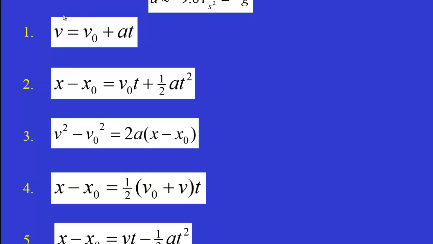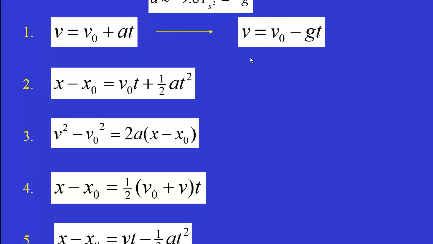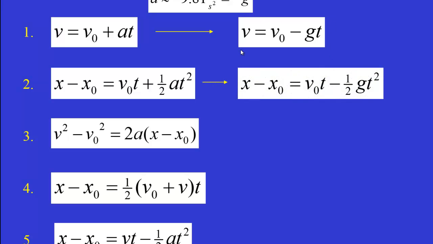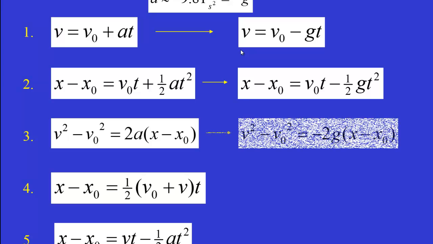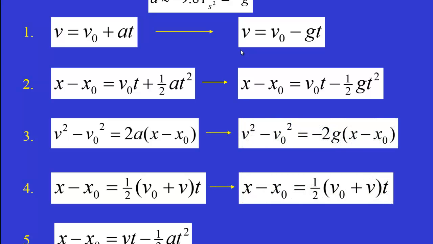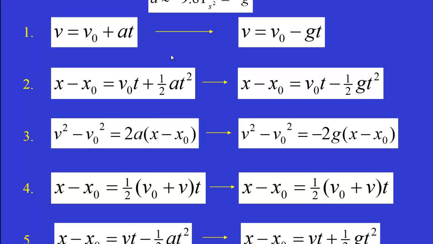And so in each of these 5 equations, all we do is replace the acceleration a with negative g to get the equation that we should now use to describe the motion of an object in free fall near the Earth's surface. So each of these equations can be rewritten in a slightly altered form, where each time we've replaced a with negative g.